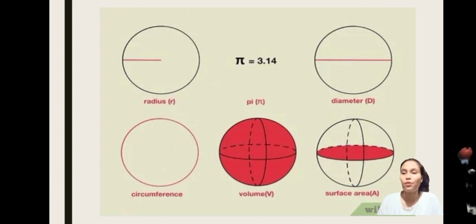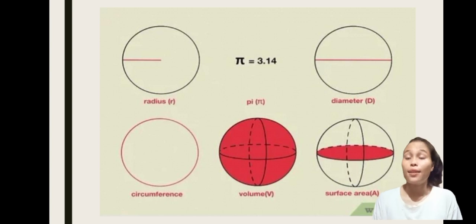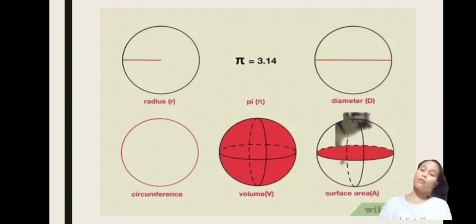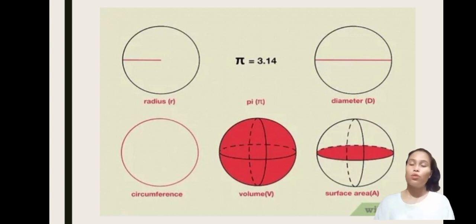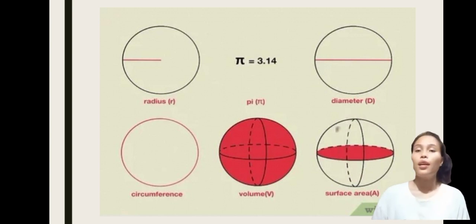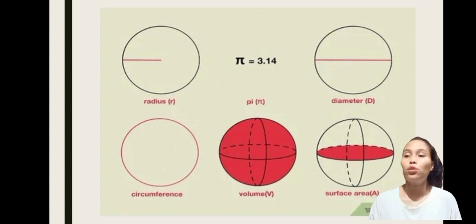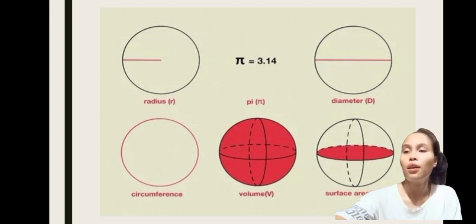That's an example of circumference. Okay, next is the volume, that one, the color red. Then the diameter. Then the surface area. So from that image, we will be able to know all of this about the sphere.